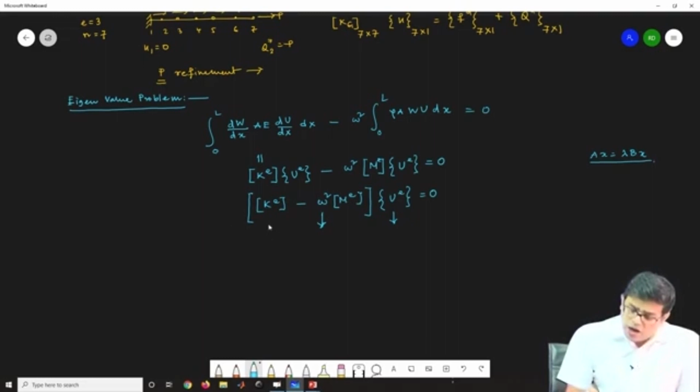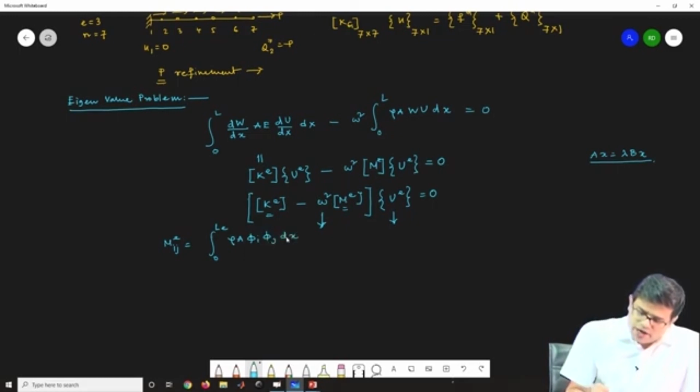Now the procedure is very simple. How to find this Me? We know Ke for the linear element, and we have to find Me. So Me_ij, if I write it from here, is essentially the integral from 0 to Le of rho A, where W is my weight function, which I am considering as phi i, and u I am considering as phi j.